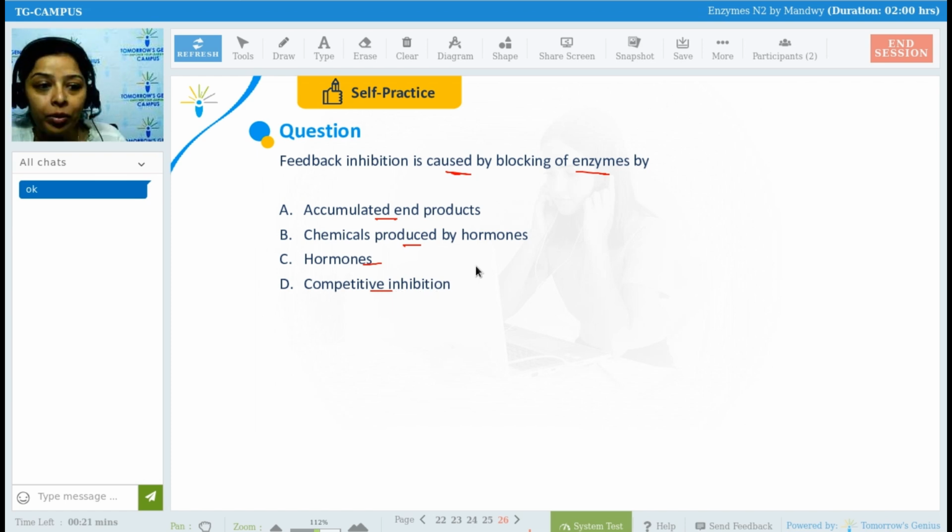In feedback inhibition, glucose 6-phosphate, what was that? Accumulated end product. Okay, so this end product will come and bind to the enzyme, and that's how it will stop the reaction, right? The enzymatic action. So what will be the answer? A.